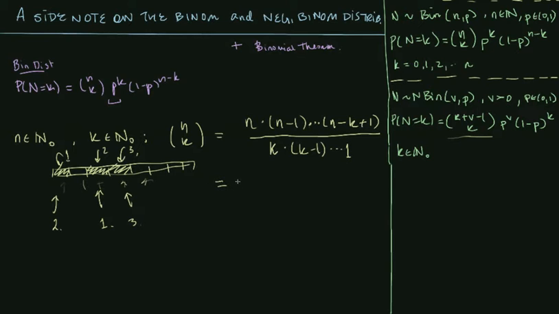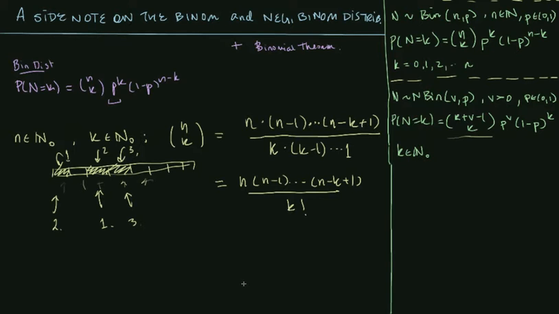So this is n multiplied by n minus 1 all the way down to n minus k plus 1. So there are k terms in the numerator divided by k factorial. So this is the binomial coefficient in the case where n and k are both non-negative integers.